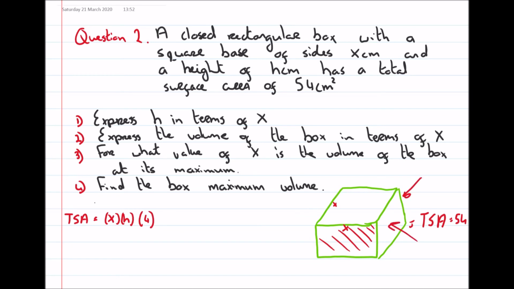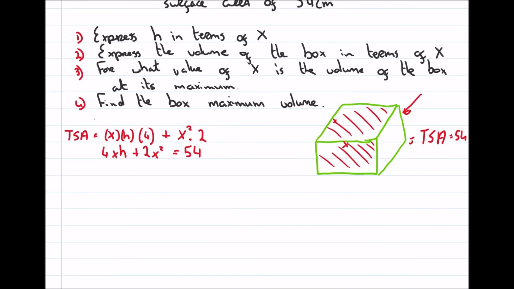So I'm down to the 4 sides, plus x squared, which will give us this x by x, and we've 2 of them. So it'll be 4xh plus 2x squared, and that equals the total surface area, which is 54. And I want to express h in terms of x.